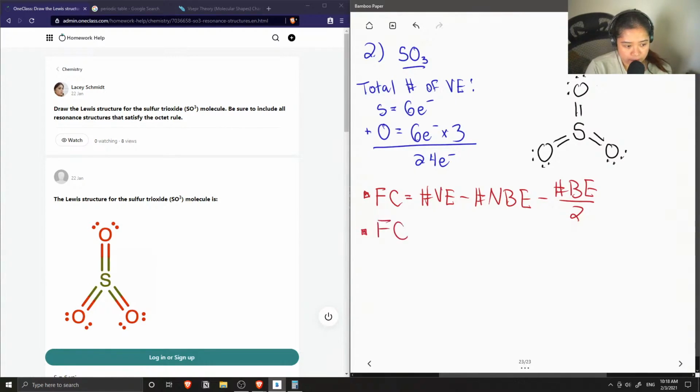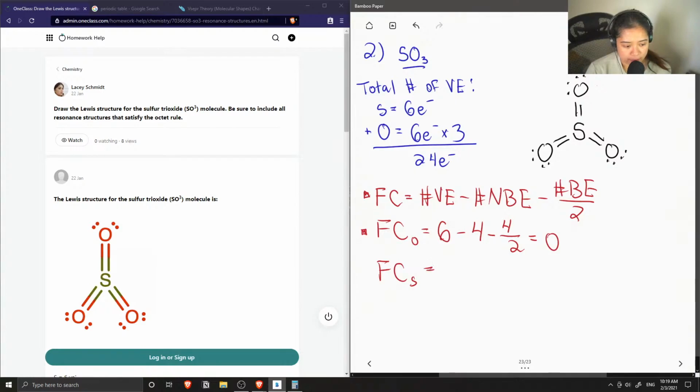So first let's do it for all of the oxygens. Oxygen has 6 valence electrons, and there are 4 non-bonding electrons on each oxygen atom. And since each of them have a double bond, they contain 4 bonding electrons in total, which we divide by 2 to get a formal charge of 0.